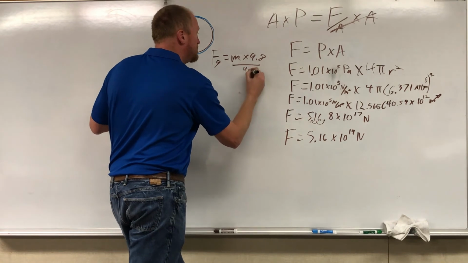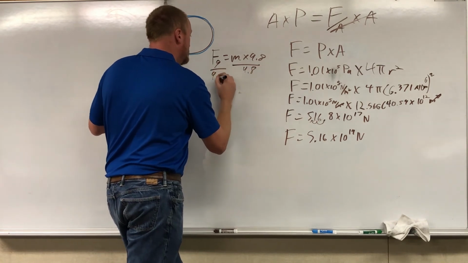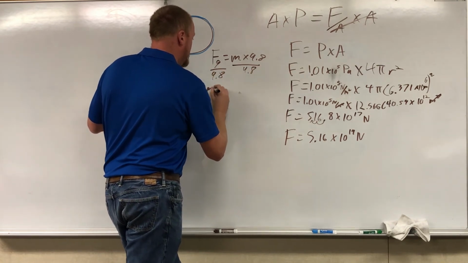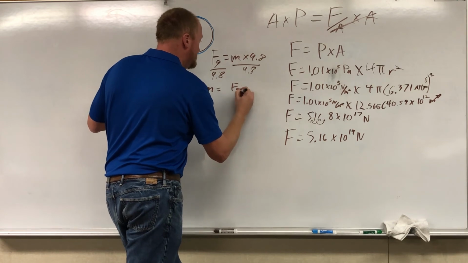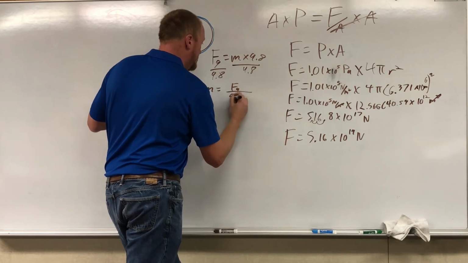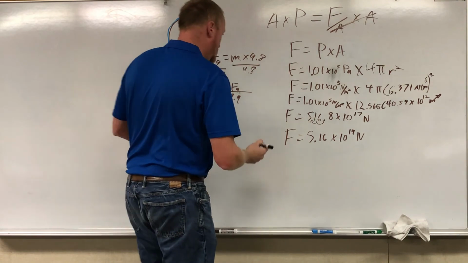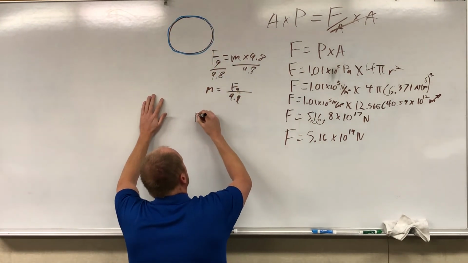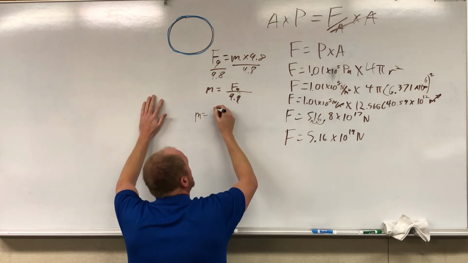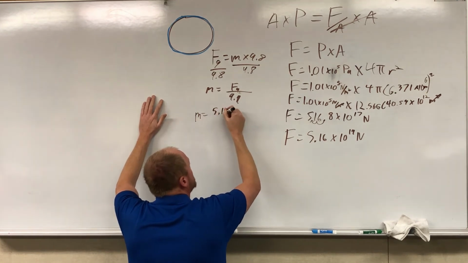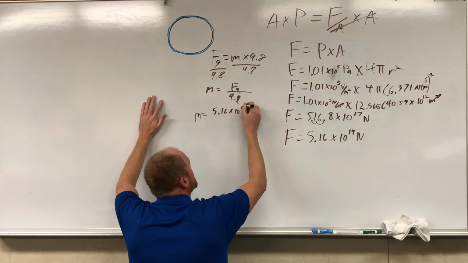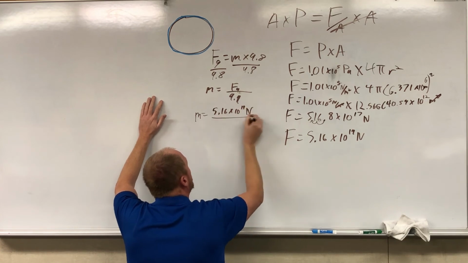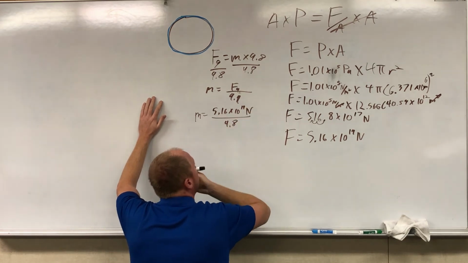In order to do that, divide both sides by 9.8, and you get mass is equal to the force of gravity over 9.8. So let's just do that. Mass is equal to the force of gravity, 5.16 times 10 to the 19th newtons, over 9.8.